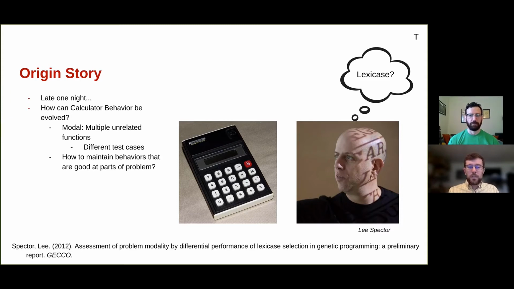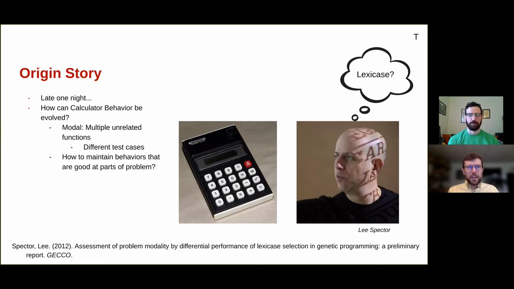So for example, maybe one program has figured out how to do multiplication correctly. Another has figured out division in general, but not the division by 0 case. And maybe you have one program that's figured out addition and division by 0, but does really poorly on multiplication and subtraction, for example.